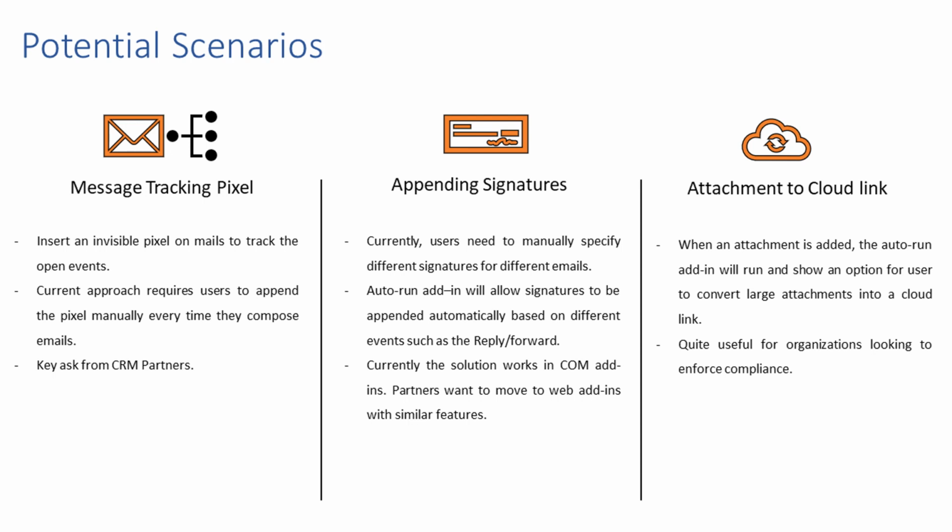This will make your email more efficient. So these are just 3 of some scenarios that you can enable with this functionality. Let's drill down a little bit in the signature scenarios.